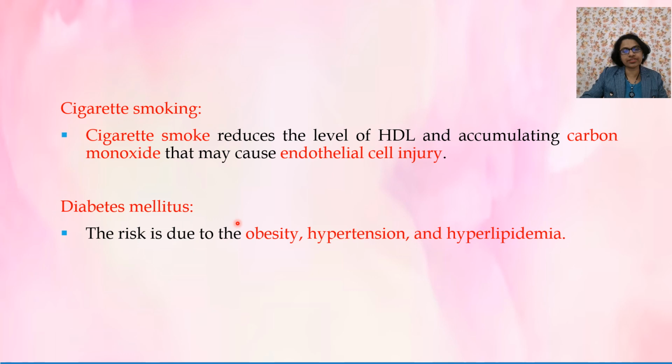Then another factor is diabetes. The risk is due to obesity, hypertension, and hyperlipidemia. Because of diabetes, the person becomes overweight, that is obesity, and their blood pressure increases, that is hypertension, along with hyperlipidemia, a high level of cholesterol in the blood.